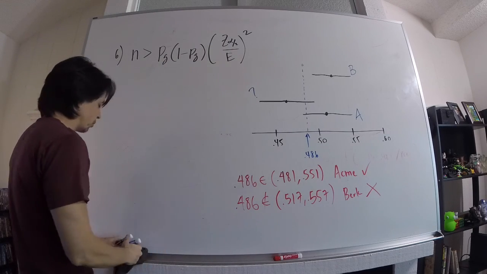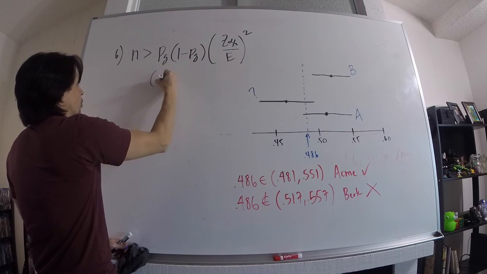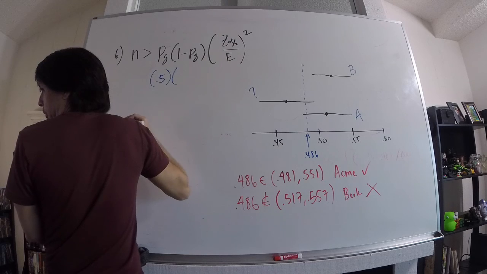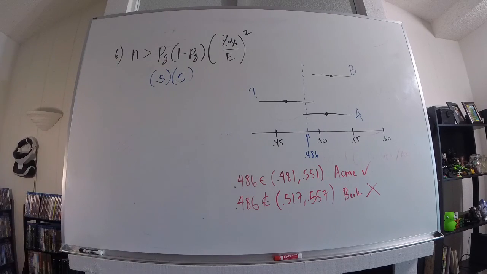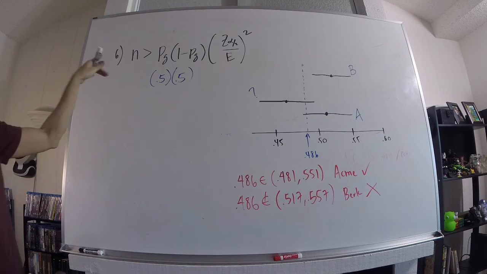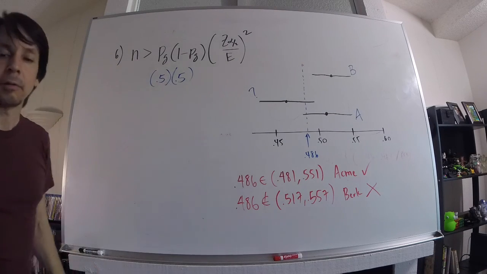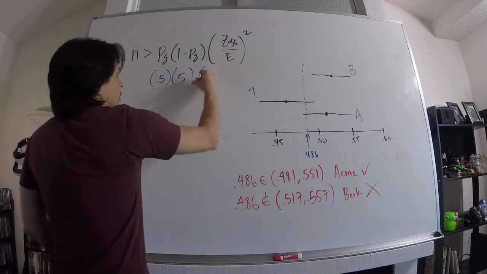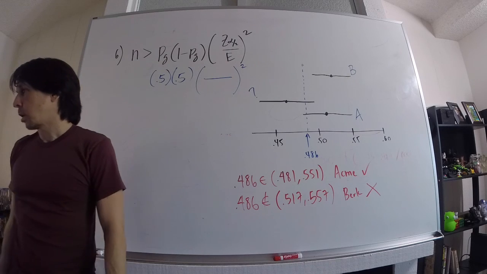And when you assume you have no information, the way to guarantee that your n will keep your margin of error under 2.5% is to use 0.5 for your PG, and then 1 minus PG is 0.5. So for this type of problem, minimum sample size problem, always 0.5, 0.5. The only thing you're going to do is the Z is relevant to the confidence level.